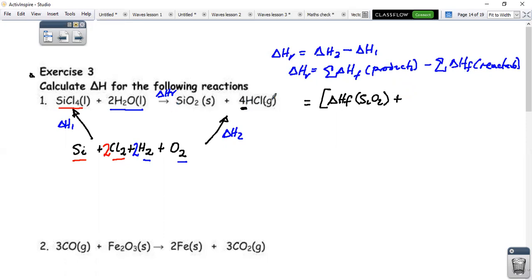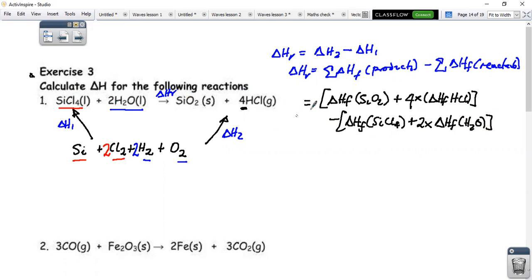There's only a 1 there, so I didn't worry, but there's 4 hydrogen chloride gas produced, plus 4 multiplied by the delta H of formation of HCl. This subtract, now here the reactants, the delta H of formation of silicon tetrachloride, plus, now there's 2 moles here, so it's 2 times the delta H of formation of water.